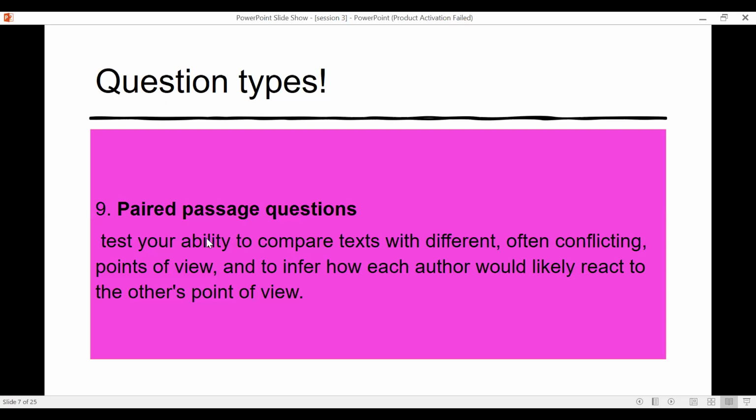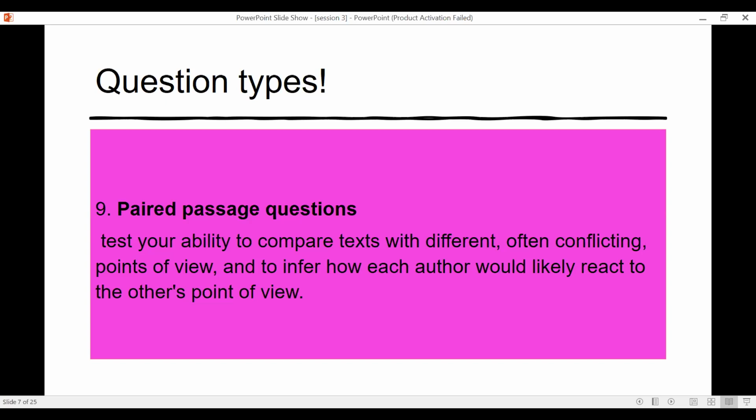The ninth type has to do with paired passage questions. The paired passage will have the same exact types of passages and types of questions as those of the single ones. You will have function questions, big picture questions, specific questions with line references, specific questions with no line references, inference questions.